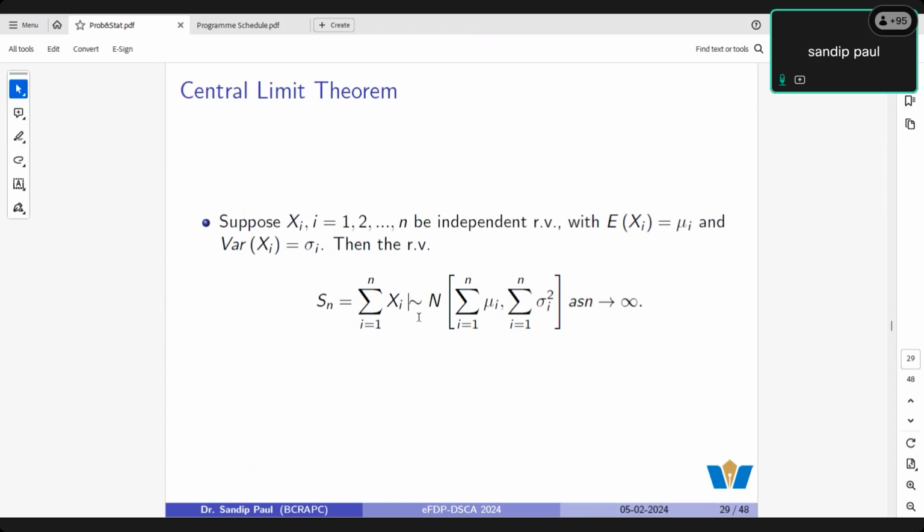If we consider the sum of all these variables, that will be another variable, suppose that is Sn. So it will be a normal variate. If we consider normal variables x1 to xn and get the sum of them, that will follow a normal distribution whose mean will be summation of mu i and the variance will be summation of sigma i.